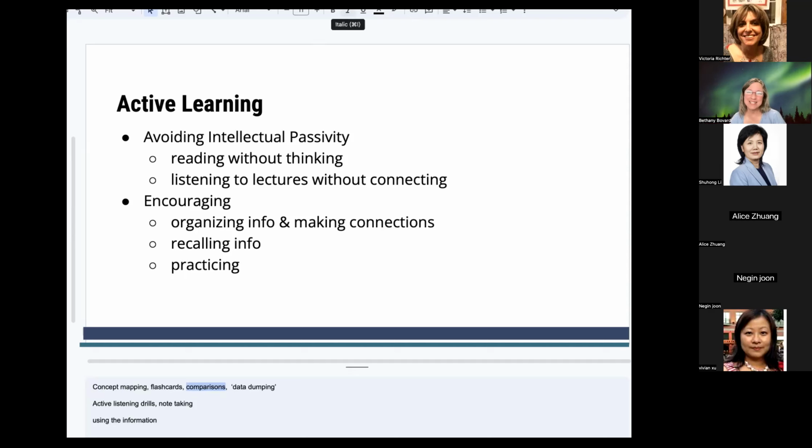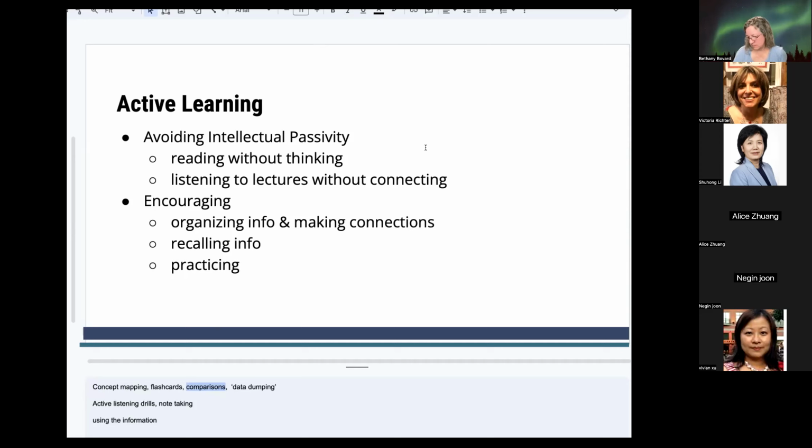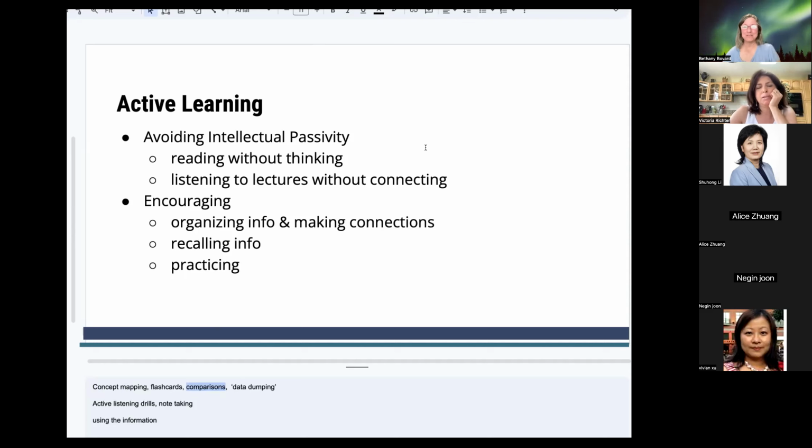Yes, Victoria, please go ahead. I wanted to share a strategy that I use all the time. I'm not big on buzzwords, as I mentioned, categorizing what I do into concepts, but can I share my screen?